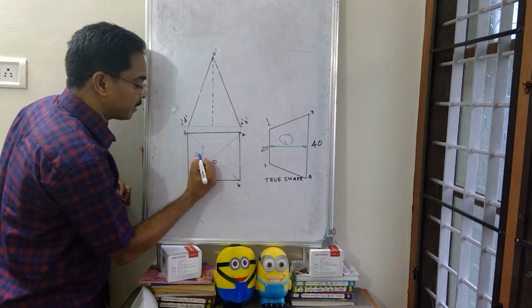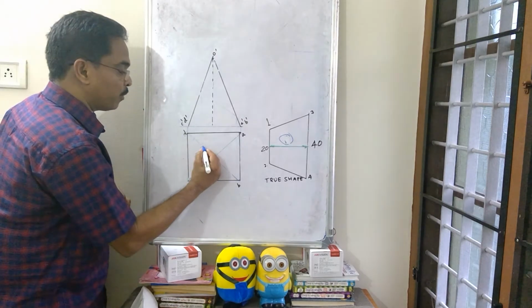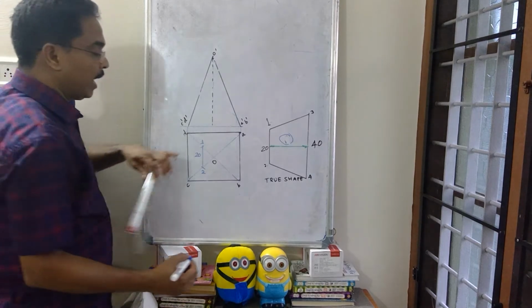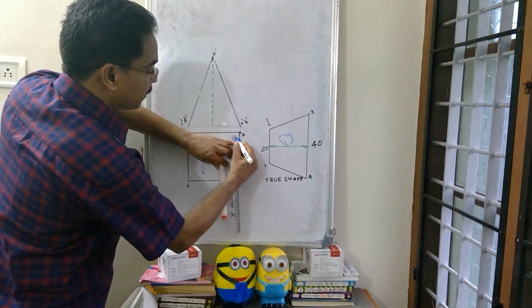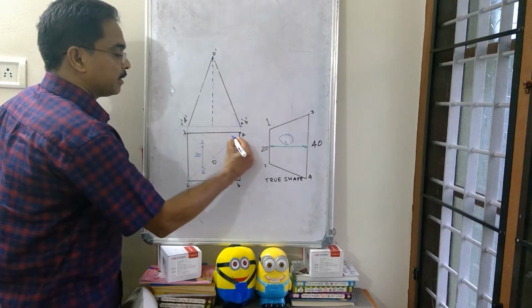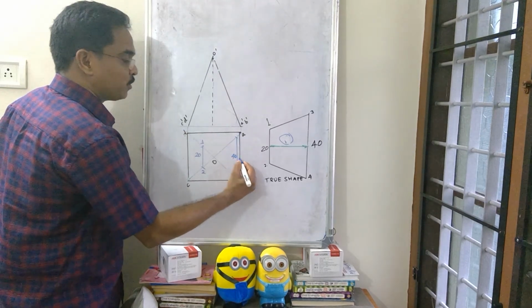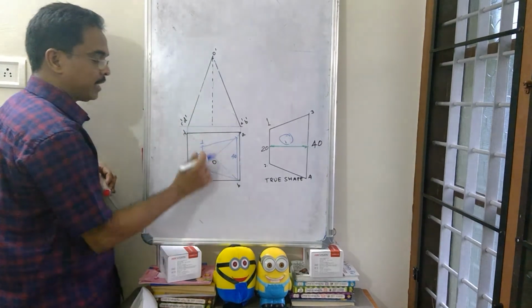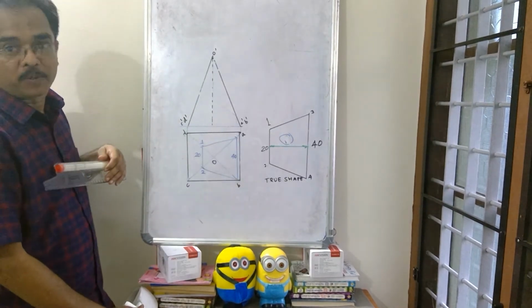So I will take 20 millimeter, and I can mark these points as 1 and 2. Then draw a parallel line such that this distance becomes 40. Then in the top view you will get a trapezium.